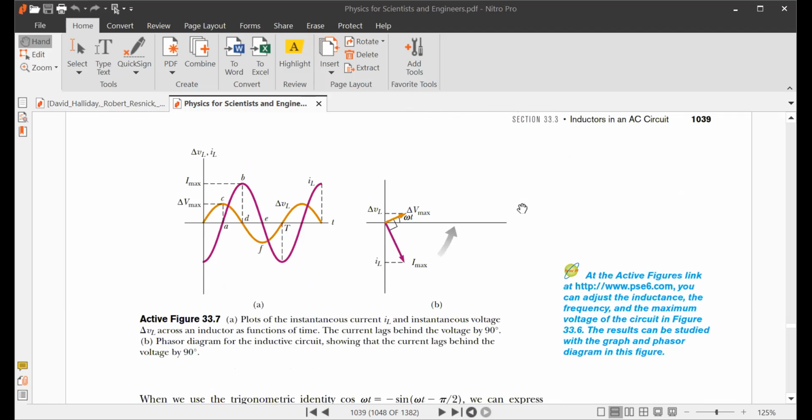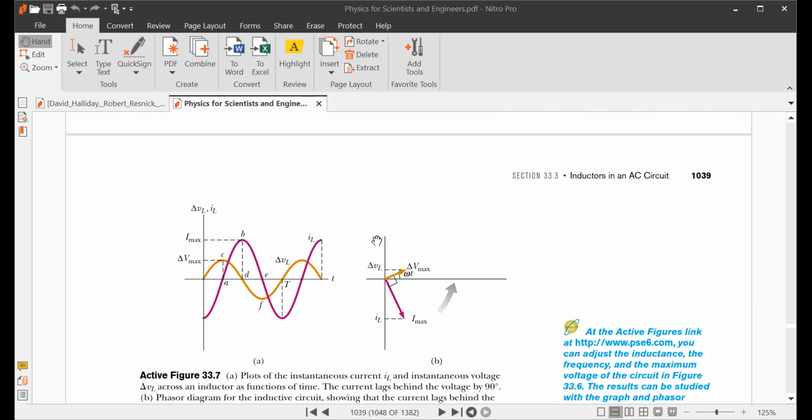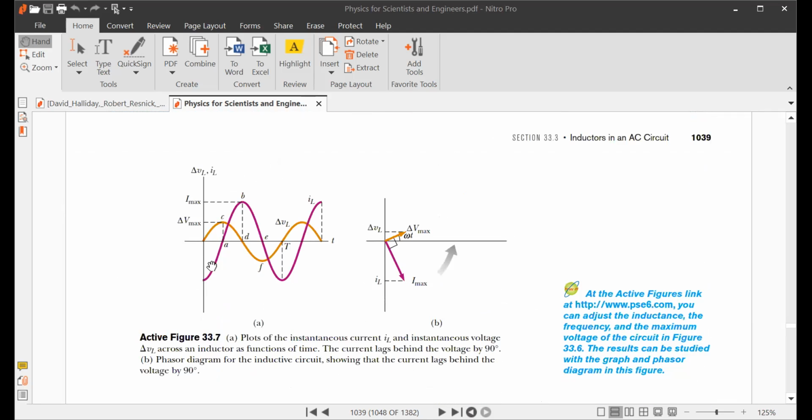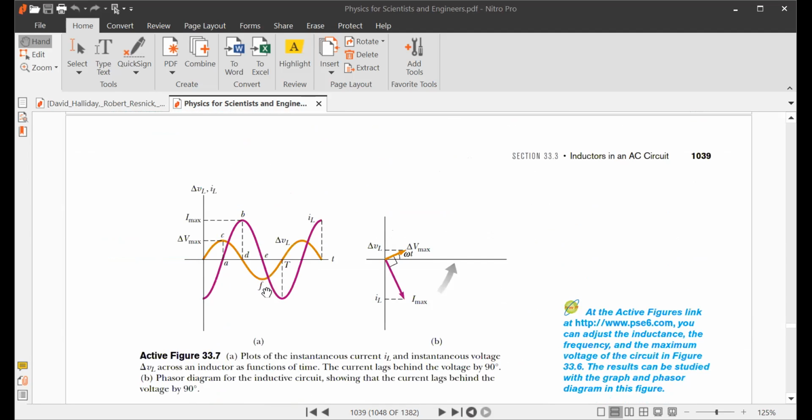So you see that the current and the voltage in the picture have a phase difference of 90 degrees, okay? It is said that the current lags behind the voltage by 90 degrees.